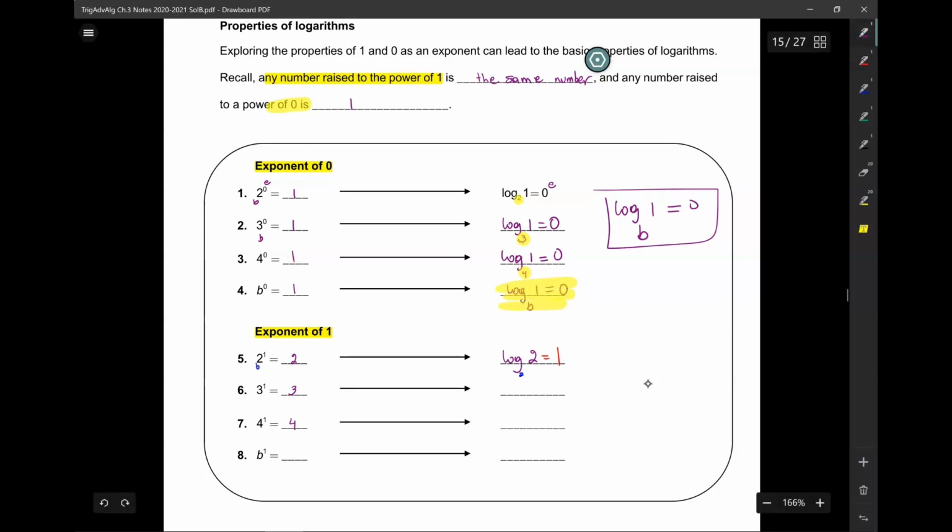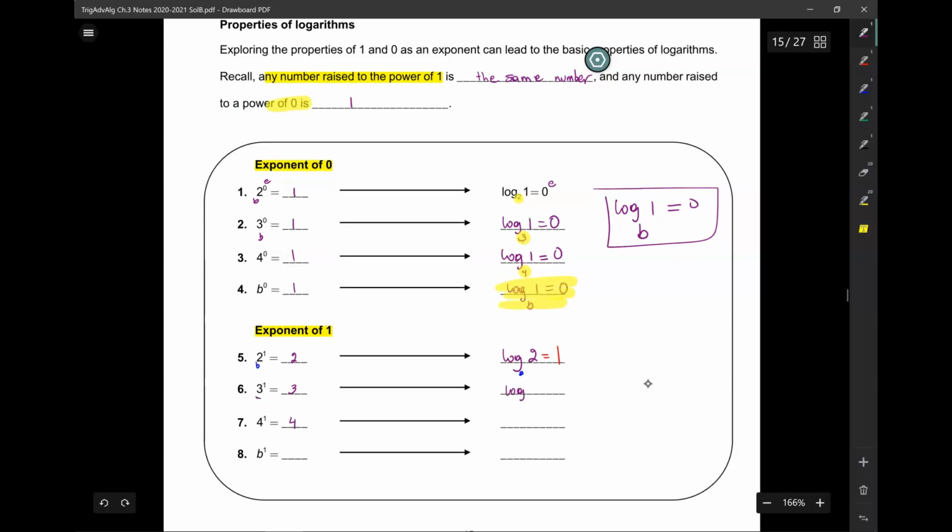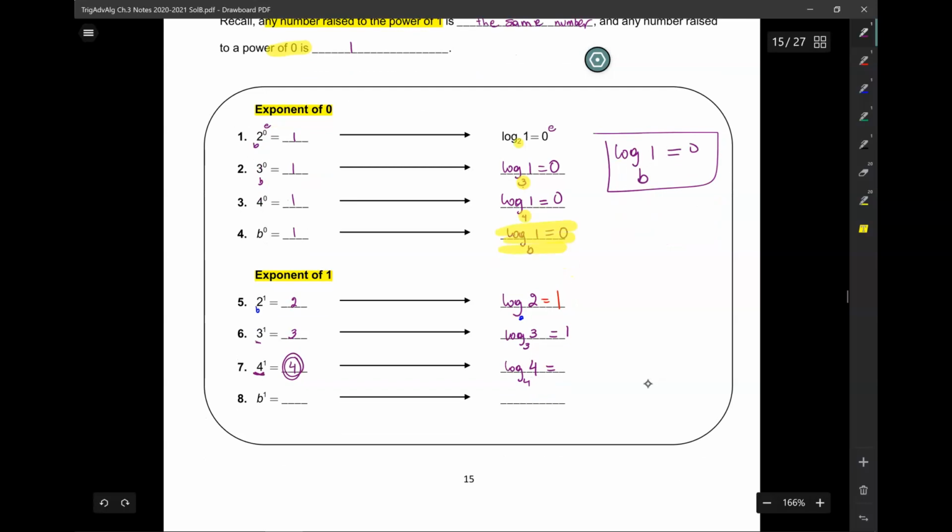Okay, let's do the next one. Log base 3 of 3 is equal to what? 1. Log base 4 of 4 is equal to what? So let's pause and ask what we're talking about here.